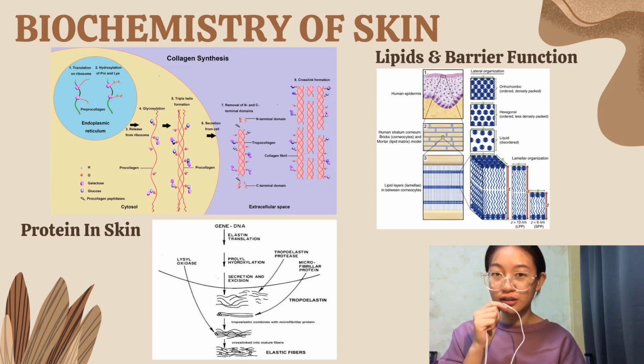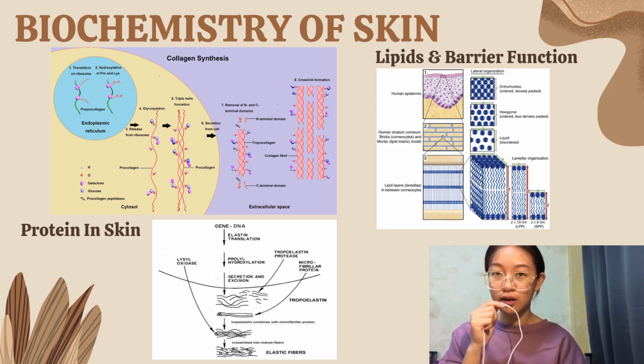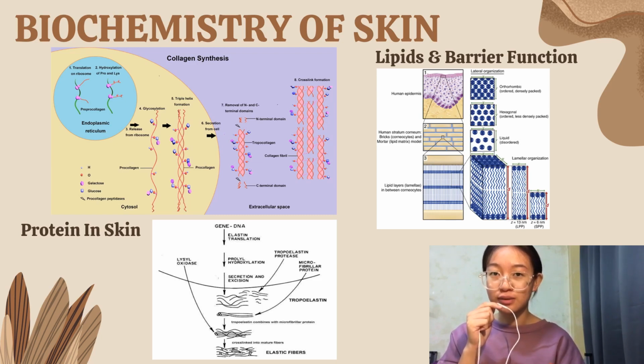Tropocollagen is the basic structural unit of collagen which will align to form the collagen fibrils. And the lysyl oxidase is an enzyme that will facilitate the cross-linking of collagen molecules, which is the tropocollagen, and it will help to maintain the stability of collagen fibrils.